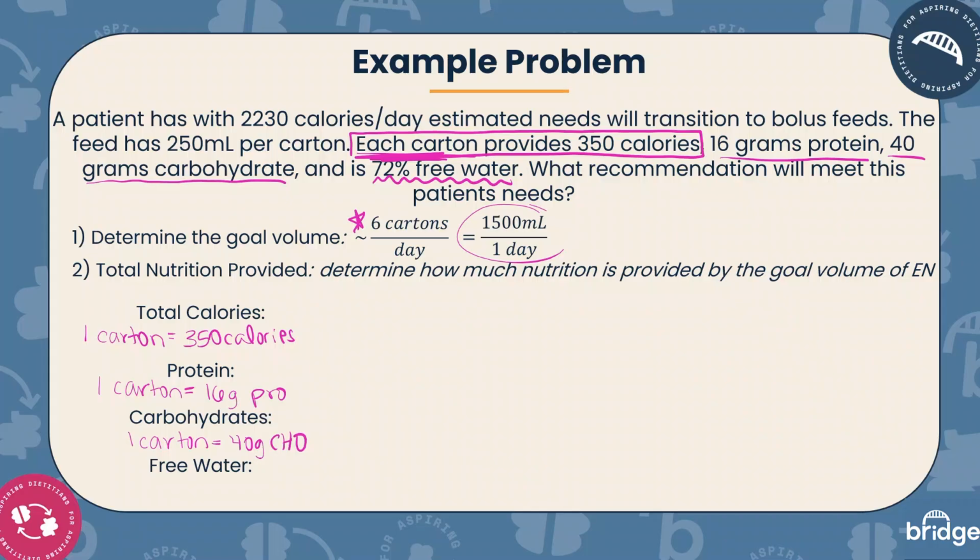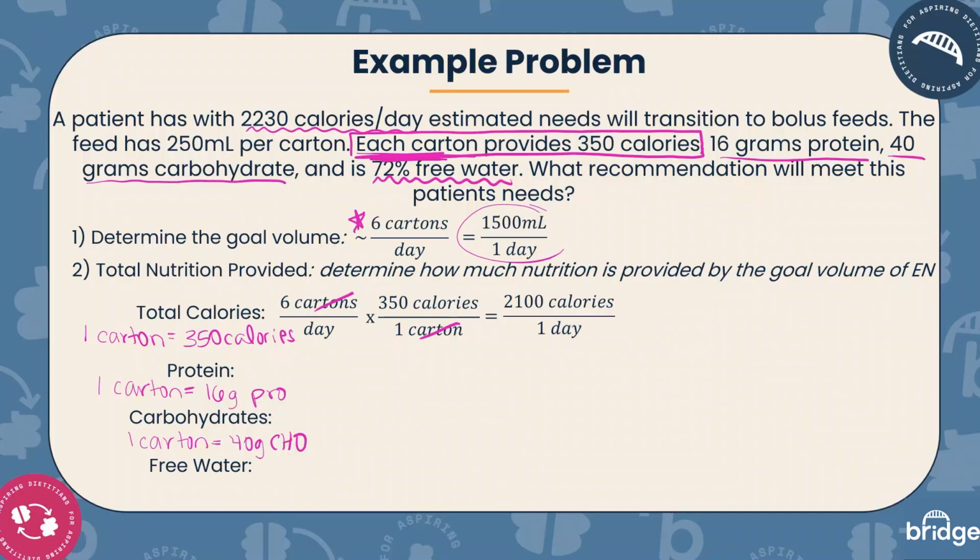To find the nutrition, we're going to take the cartons that we administer every single day and use our equivalent statements to convert from cartons to calories. There's 350 calories in 1 carton, and if this patient is getting 6 cartons, then they're taking in 2,100 calories per day. A little bit light on the estimated needs, but we don't need to hit 100% of estimated needs, usually around 90, more than 90%.